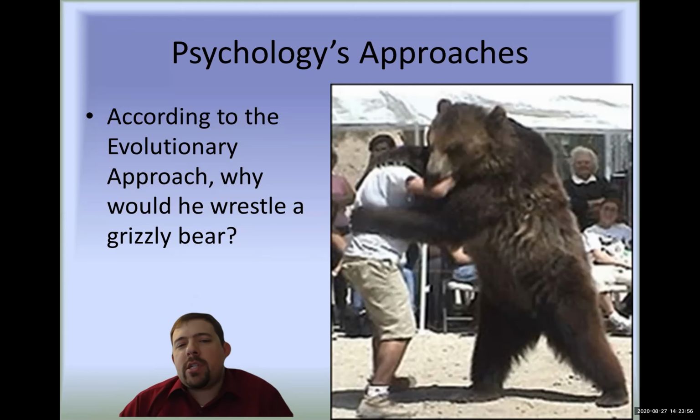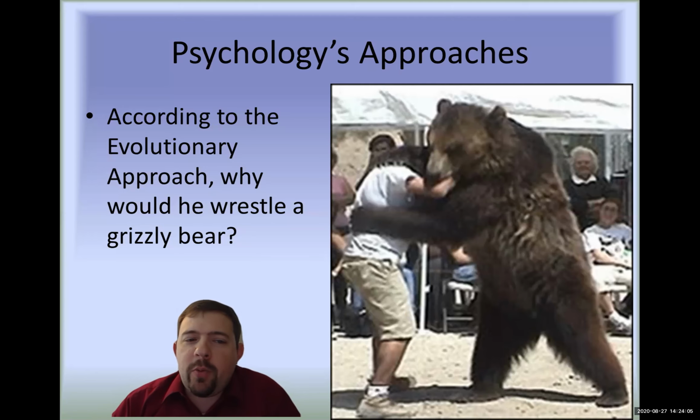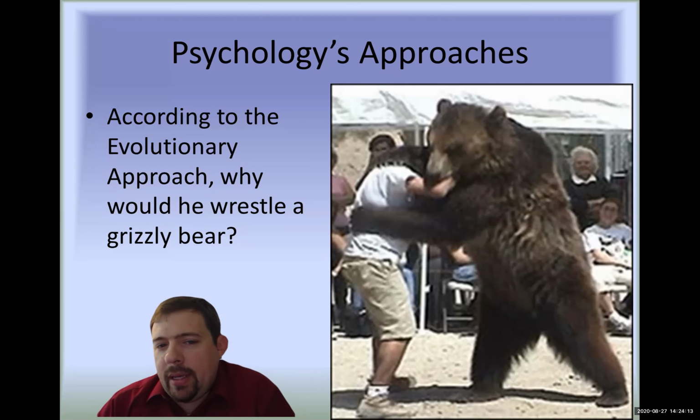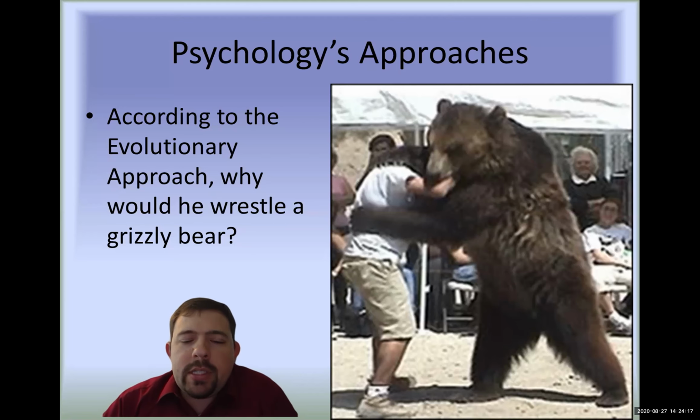So when we start to look from the evolutionary approach at how certain behaviors or mental processes could be beneficial for humankind to help them share their genes with future generations, take a few minutes, think about what your answer would be. According to the evolutionary approach, why would he wrestle a grizzly bear? Once again, I want you to pause this video, think about what your answer would be, and then we'll talk about a few potential correct answers.